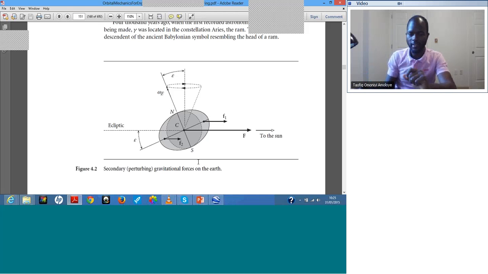When the distance apart is big, then the force of attraction is lesser. So that means this portion of the Earth will be experiencing much greater force locally than this portion will be experiencing.